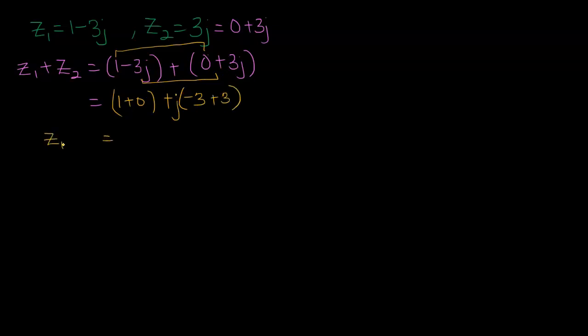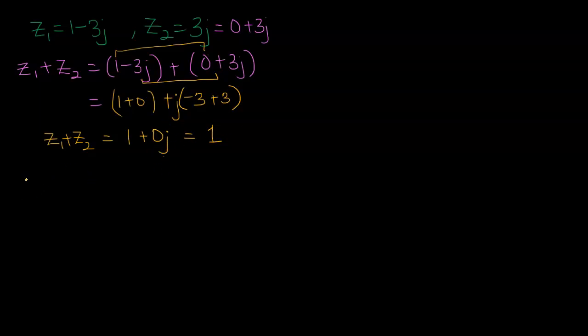Therefore, z1 plus z2 is 1 plus, negative 3 plus 3 is 0, so 0j, which is of course the same as 1. So we can see here that this sum produces just a real part. It doesn't have an imaginary part, which is the same as just having a plus 0j.